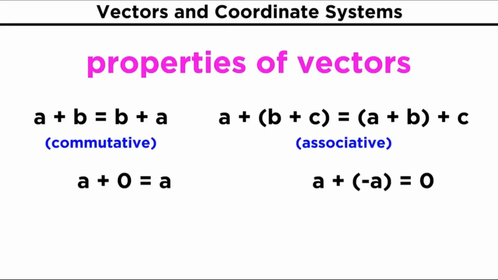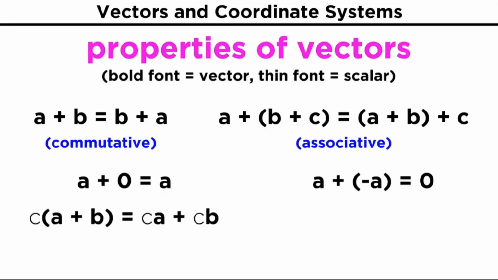Any vector plus the negative version of that same vector, which is simply a vector minus itself, is the zero vector. While we can't add a vector and a scalar, a scalar can be distributed across a sum of vectors, and a vector can be distributed across a sum of scalars.